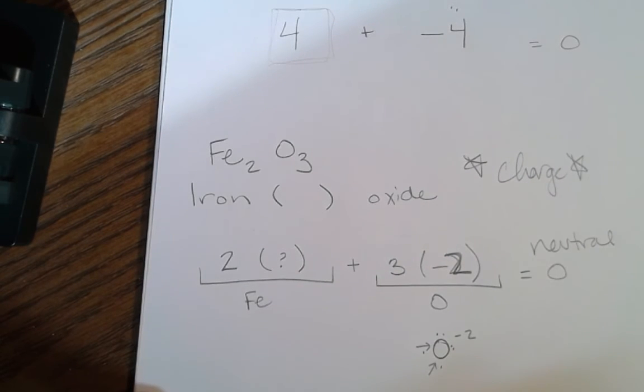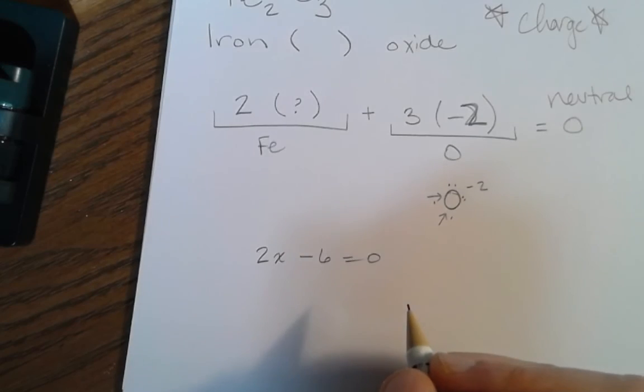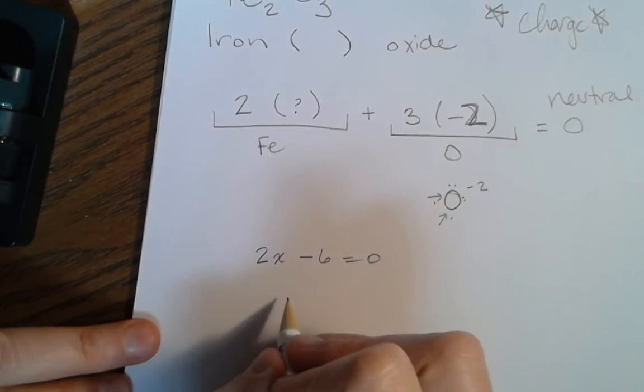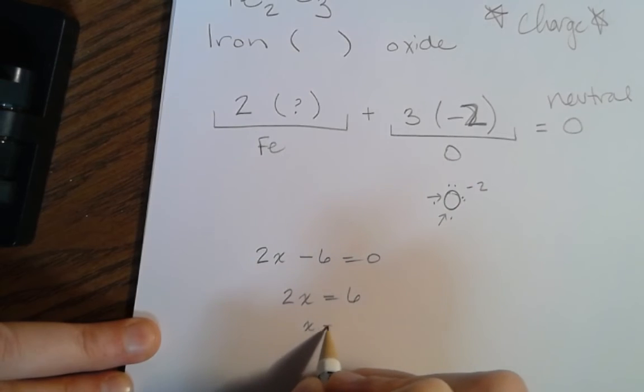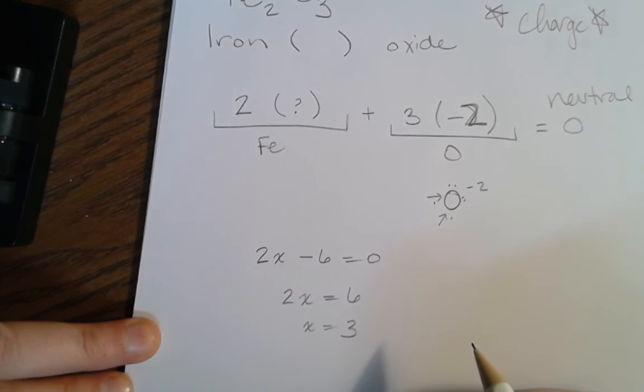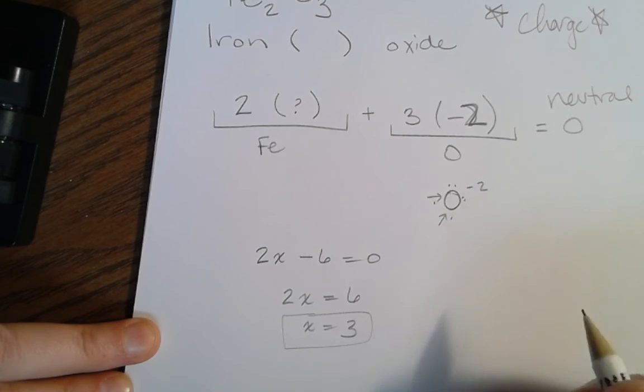Here's your math step. Something times 2 minus 6 is 0. Again, even though that looks like algebra, it's okay, you got this. 2 of something equals 6. That's the charge on your iron. Your iron must equal 3.